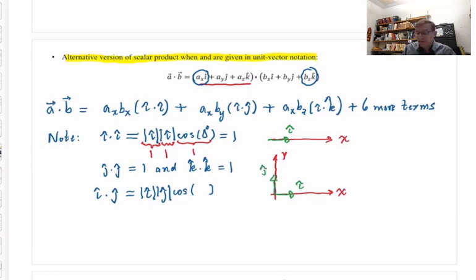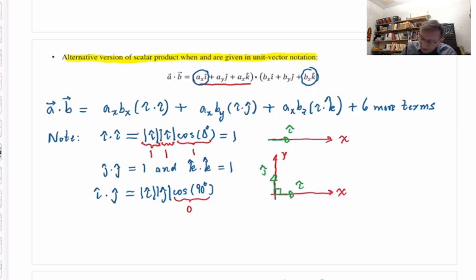J hat's the unit vector for the y direction. And phi, in the cosine phi, is the angle between i hat and j hat. But that's exactly 90 degrees. So this is the cosine of 90 degrees.